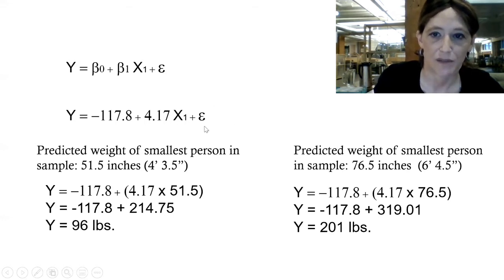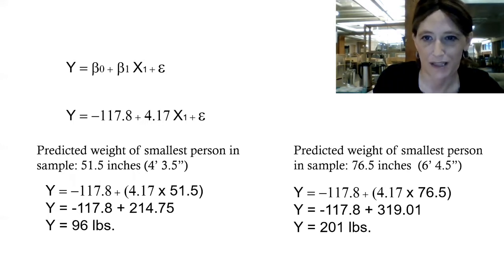And this error term just means that we are evaluating this knowing that it's a prediction model. So we can calculate that person's predicted weight based on their height.